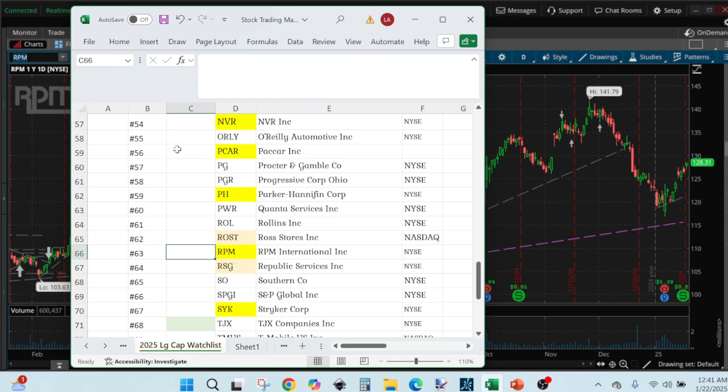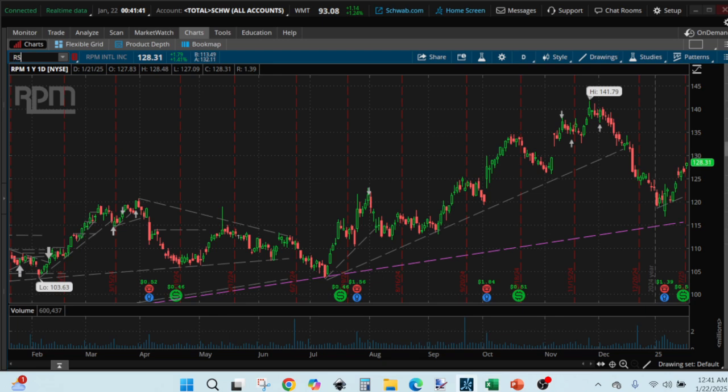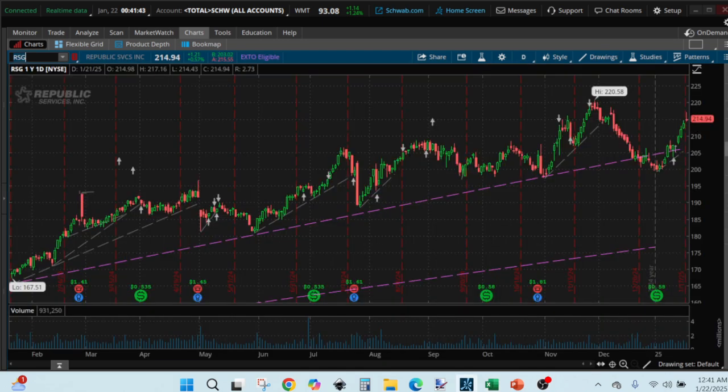The next one is RSG. We purchased it this year, and we purchased it there, and it's making higher lows around the trend line. Yesterday it pulled back. It's not too far from the high though. We'll see.